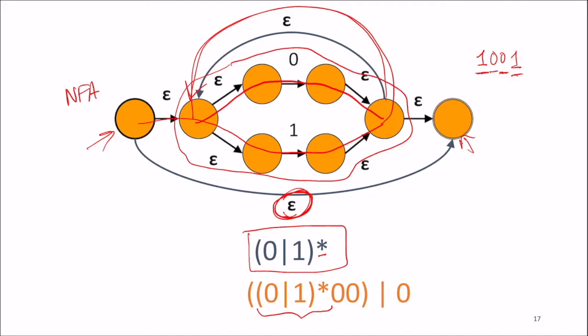And at some point when there are no more symbols left, I would take this transition over here to the final state. So that's how we've constructed an NFA for 0 or 1 star.